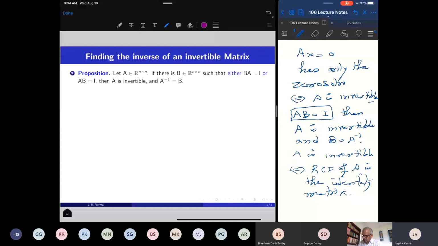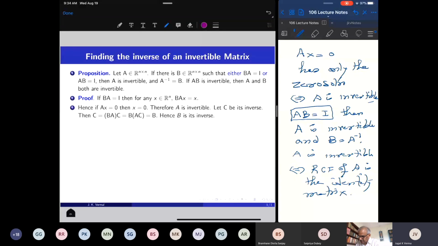Okay. So if B times A is identity, then I multiply this by the column vector X, and I get BAX is equal to X, because BA is identity. So if AX equal to 0, then by this equation BAX is also 0, but BAX is X, and therefore X is equal to 0.